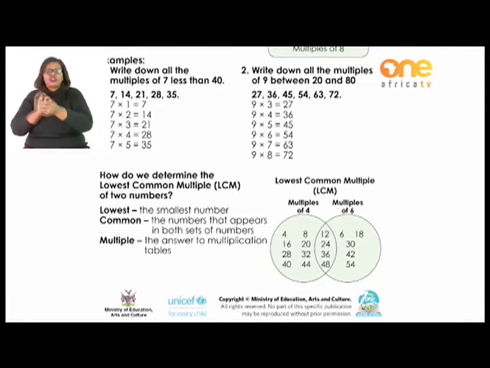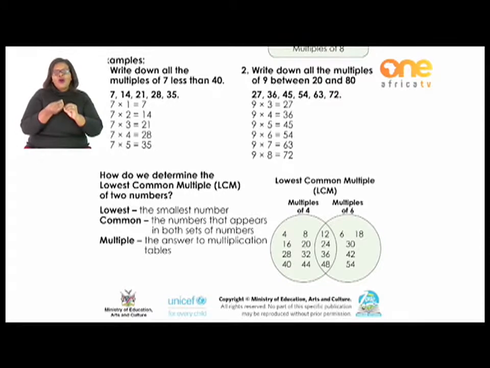And the multiples of 6, which is 6, 12, 18, 24, 30, and it continues. And we see the common multiples are 12, 24, 36, and 48. And so if we have to find the lowest common multiple, the smallest number of the ones that we find in both sets, we will see that 12 is our LCM.